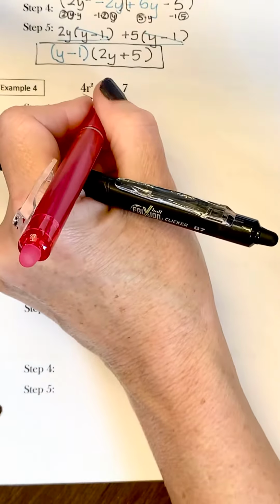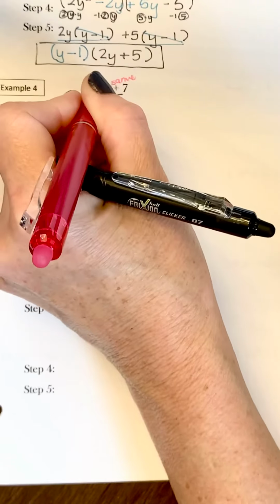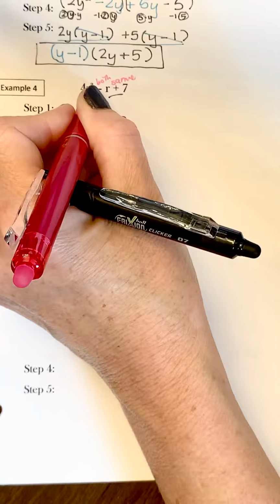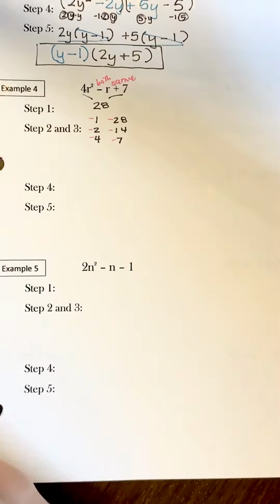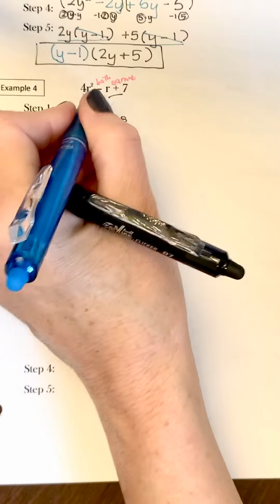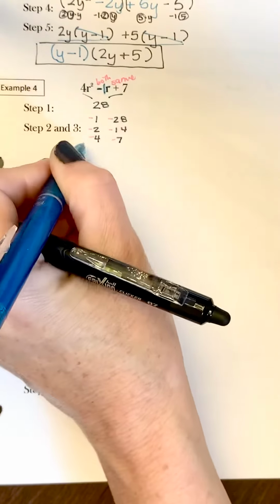This is telling me that the signs are going to be the same and both of the factors will be negative. So the larger factors will be negative, the smaller factors will be negative.